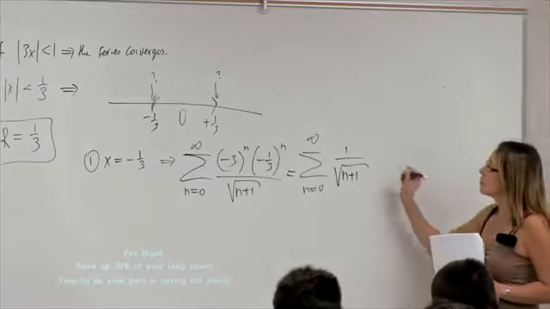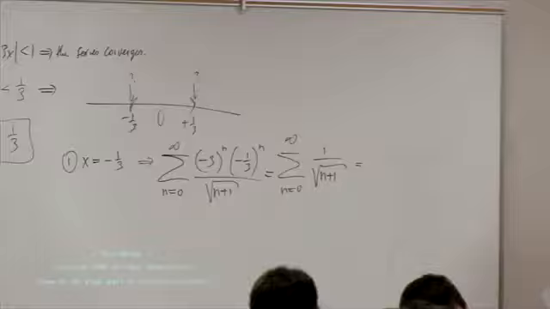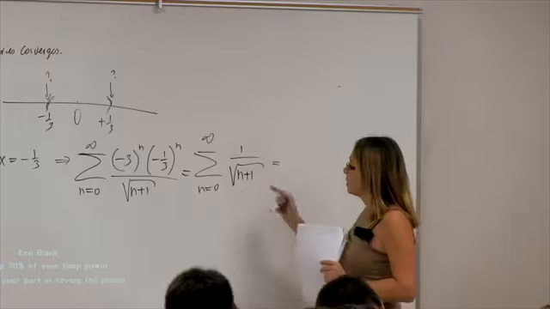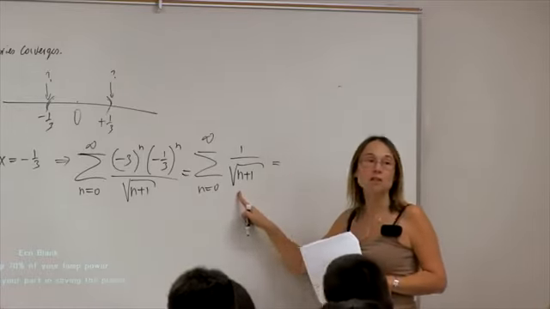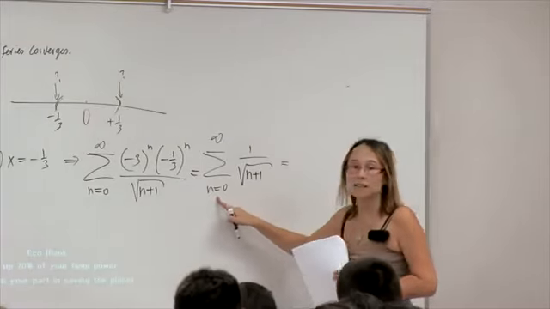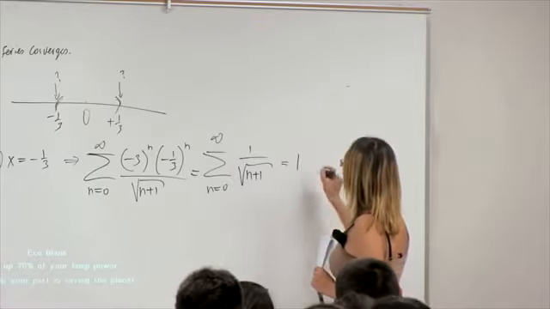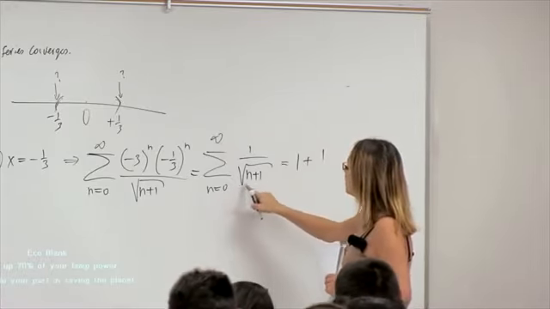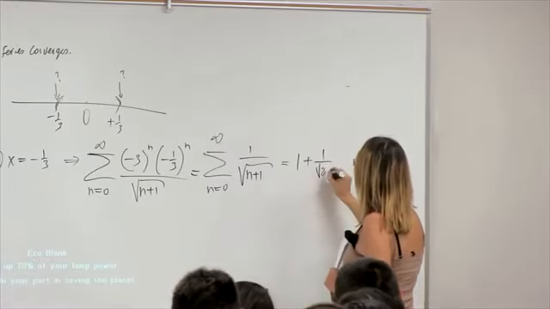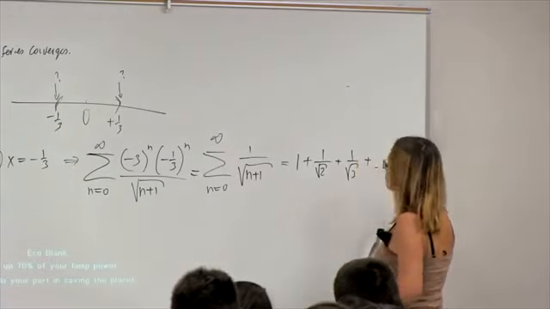There are two ways to go about this. You can either do some test to compare it with the 1 over square root of n series, or if we write down the terms, when n equals 0, the first term is 1. The second term, when n equals 1, is 1 over square root of 2, then square root of 3, and so on.